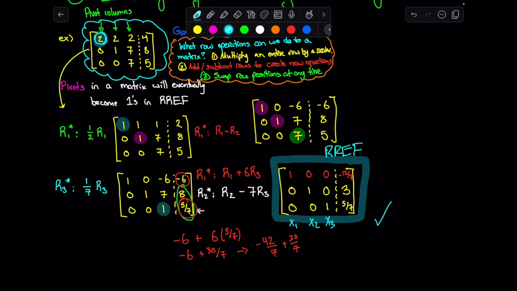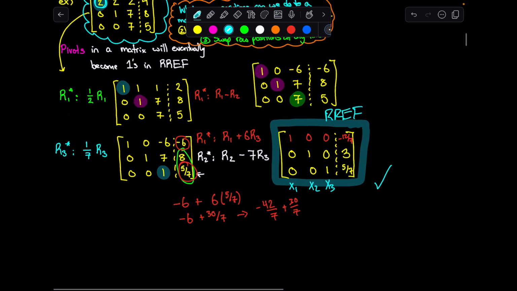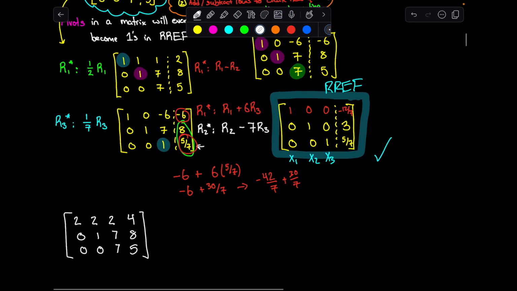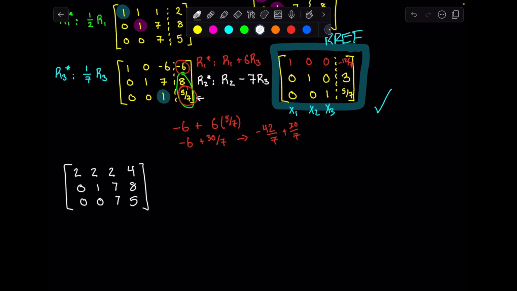The second reason is that the row reduced echelon form of a matrix is what we call unique. So what does that mean? That means that if I took the matrix that we started with, 2, 2, 2, 4, 0, 1, 7, 8, 0, 0, 7, 5, and I were to multiply everything by 3, just for the sake of doing it, I could create a new matrix.